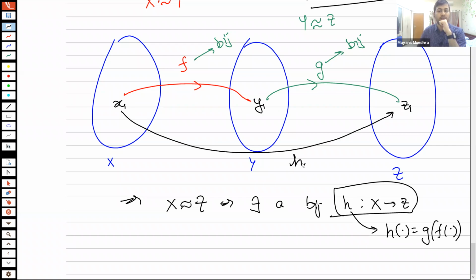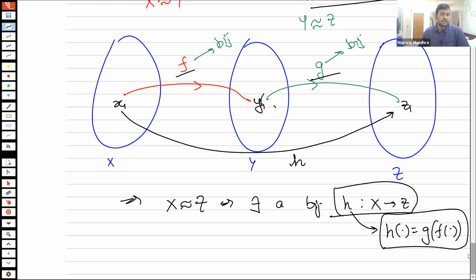This is going to be my function h. The function f can take x1 to y1 and the function g can take y1 to z1. So doing the operation g after doing the operation f will take x from y and then on to z. So at least one such bijection exists.